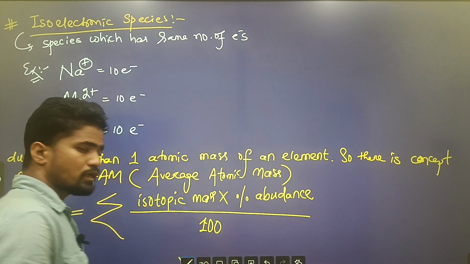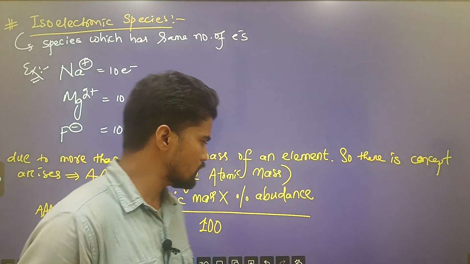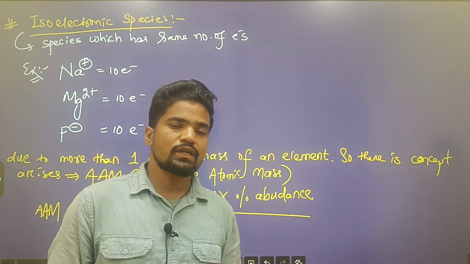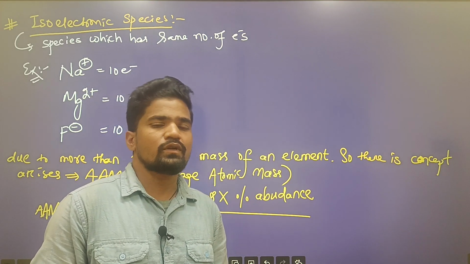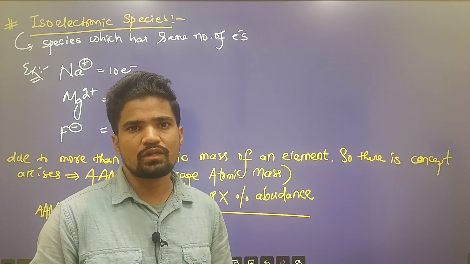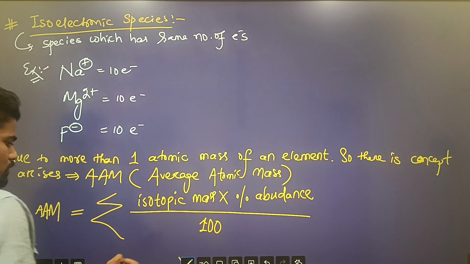Percentage abundance means how much percentage is available in our earth's crust. So this is the formula. That means for the isotopes present, mass of one isotope into percentage abundance plus mass of another isotope into percentage abundance, upon 100. So accordingly we will get our average atomic mass.